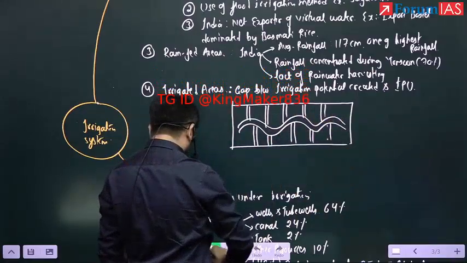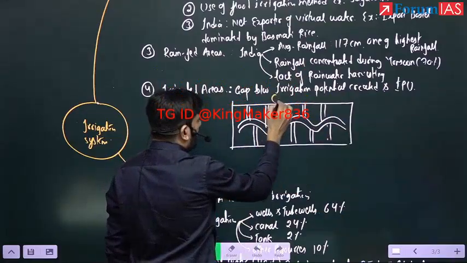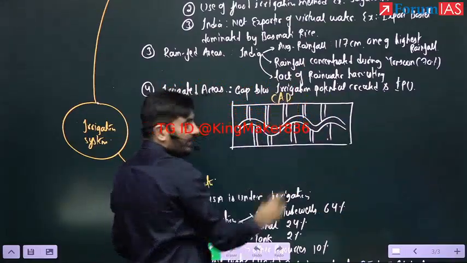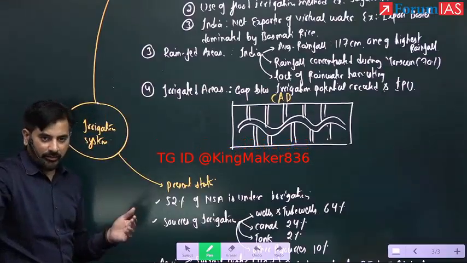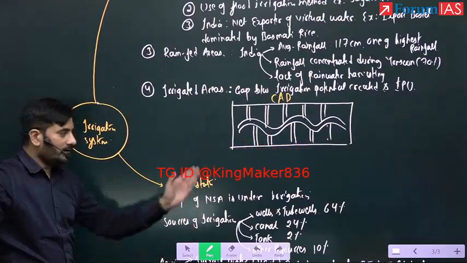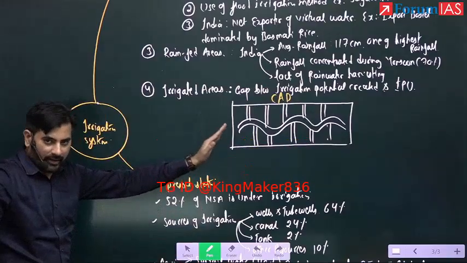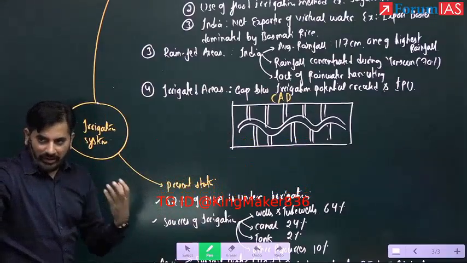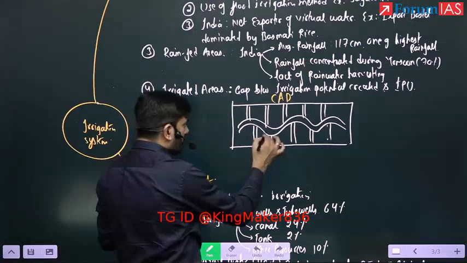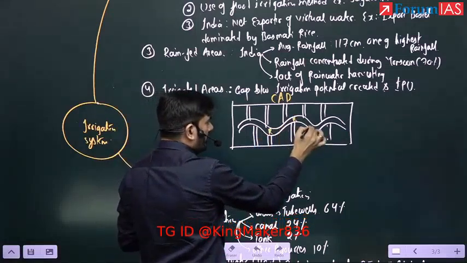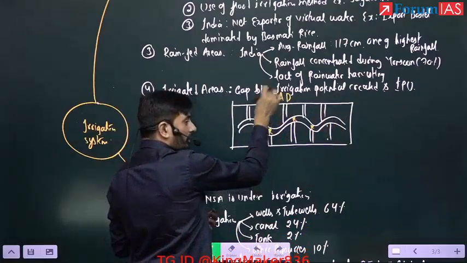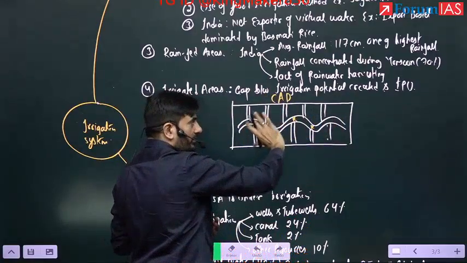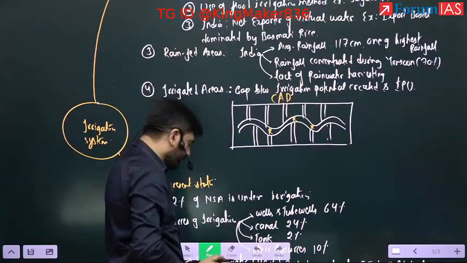This we call command area development. In geography, you must have heard of watershed development or command area development. We call it command area because this entire area is under the command of the river.